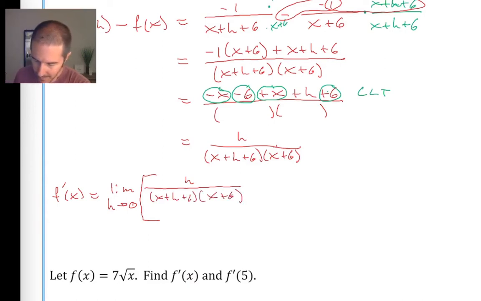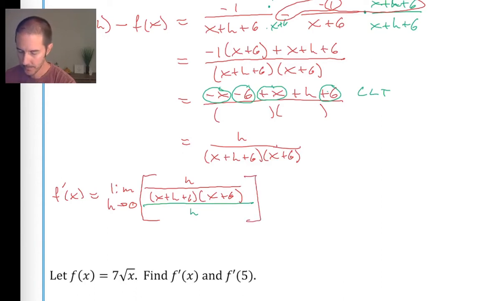And then we need to divide all of that by h in accordance with the difference quotient. We could think of this, if we wanted to, as h over 1, and then we could implement keep, change, flip, which would result in us multiplying the numerator by 1 over h.